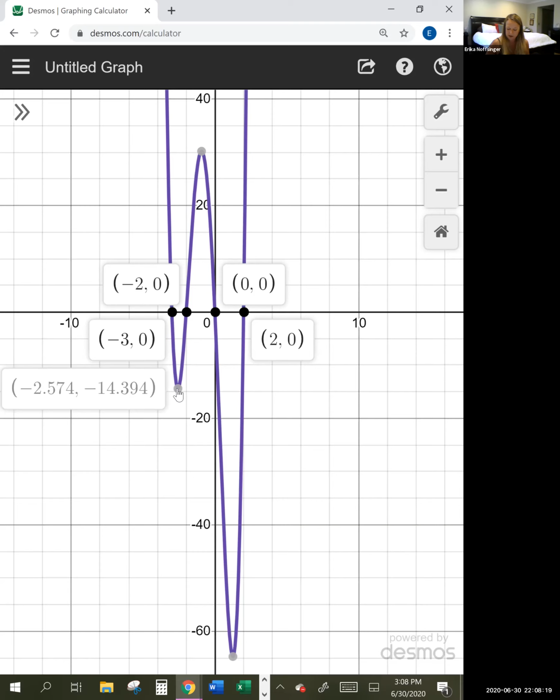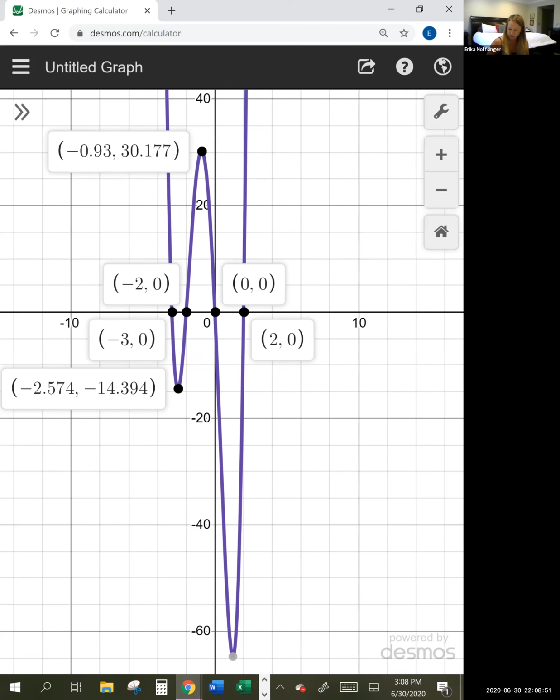So this is approximately -2.5 or -2.6 and -14.4. This we can approximate. So we have an absolute, actually this is a local min. This would be a local max. So approximately negative 0.9 and 30.2.